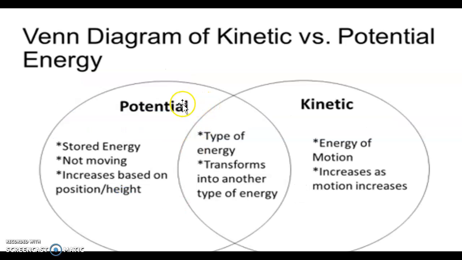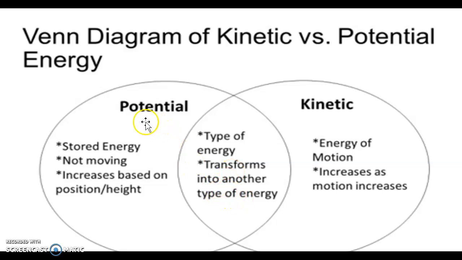We have here a Venn diagram of kinetic versus potential energy. It's showing you the similarities and the differences between these two types of energy. Both of these are types of energy, and they can transform from one type to another.